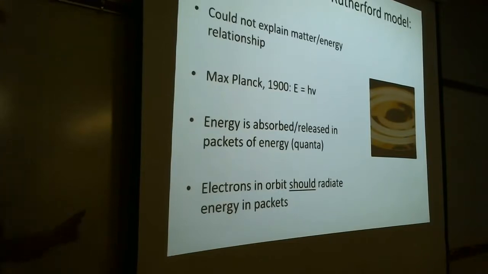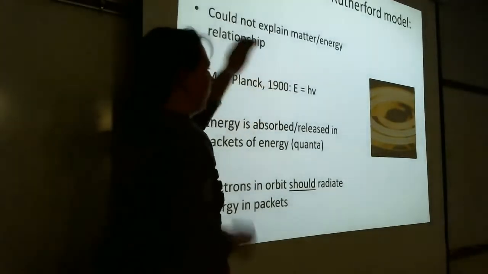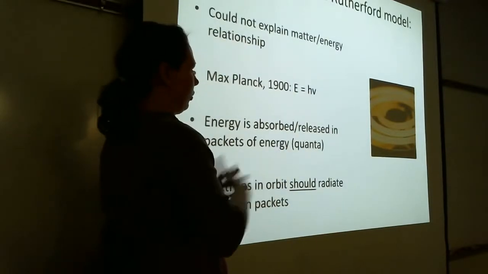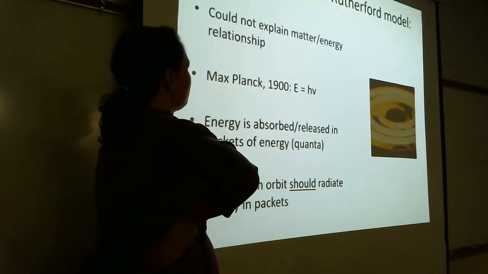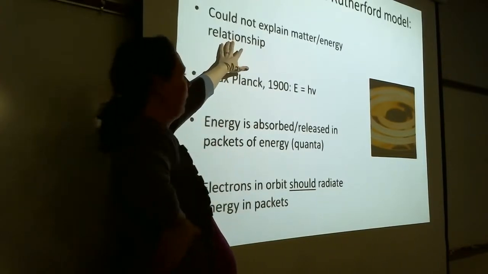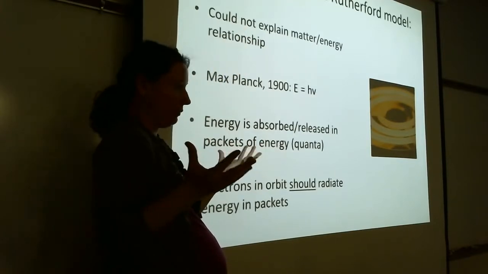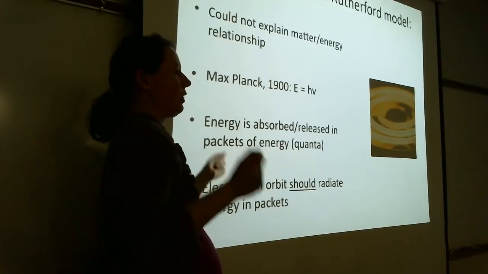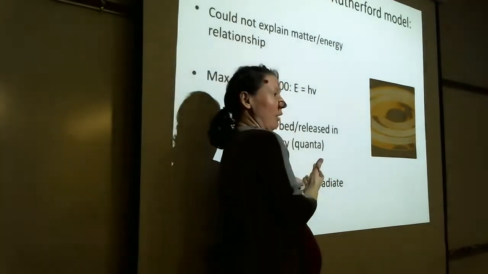And here's a big problem with Rutherford's model. Now, you don't need to memorize all this stuff here. I just want you to know why Rutherford's model was put to further testing. The biggest problem is that it couldn't explain the relationship between matter and energy, okay? If all matter is composed of atoms, which it is, then your atomic model should explain the things that matter does.